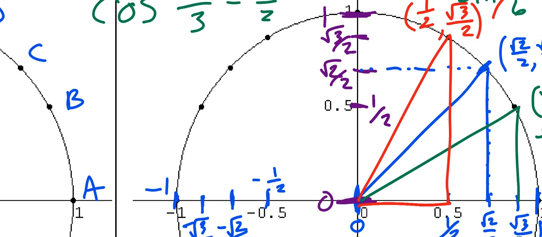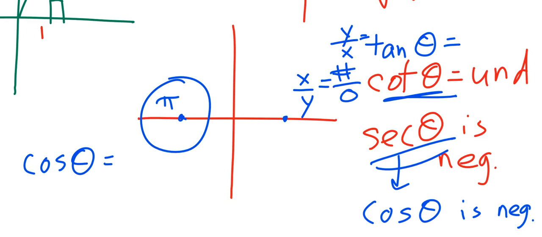Anybody know what the x value is over here? -1. Good job. The x value there is -1. Oh, that's right, because we're 1 unit away from the origin moving directly left. The x value is -1.